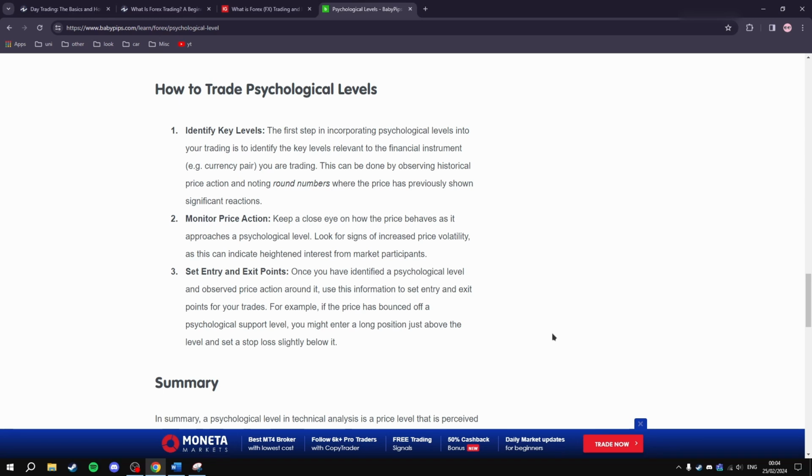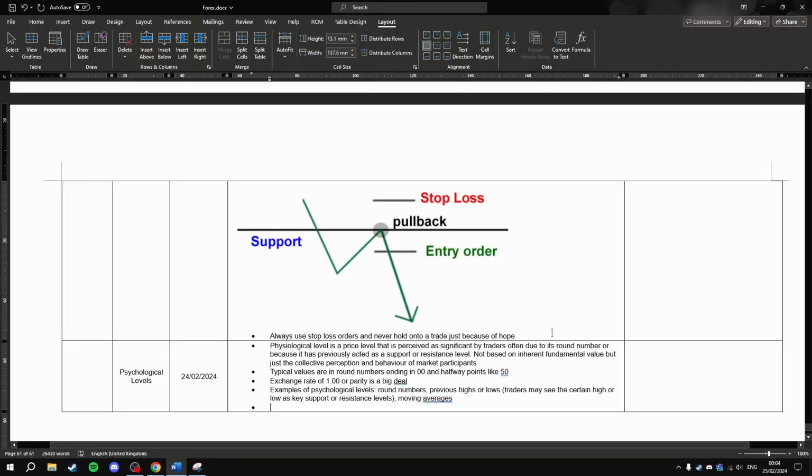How to trade psychological levels. Identify key levels.